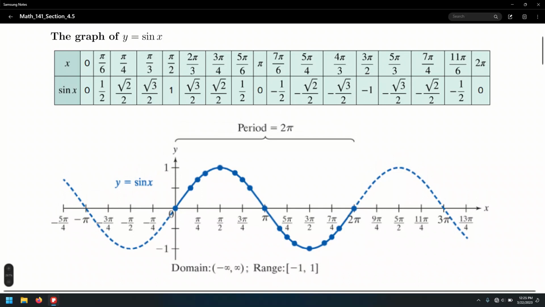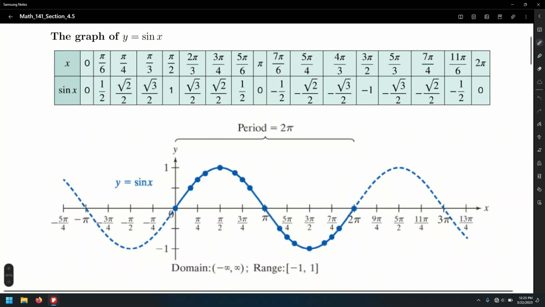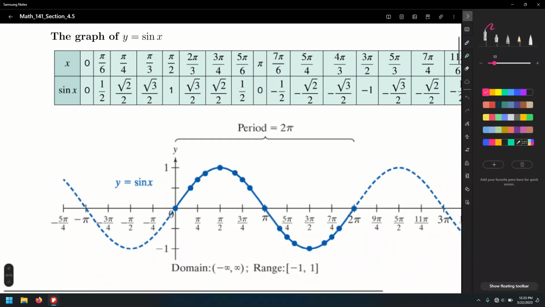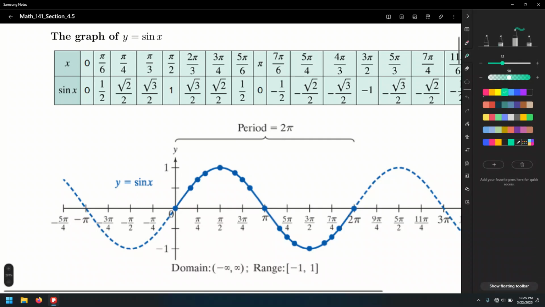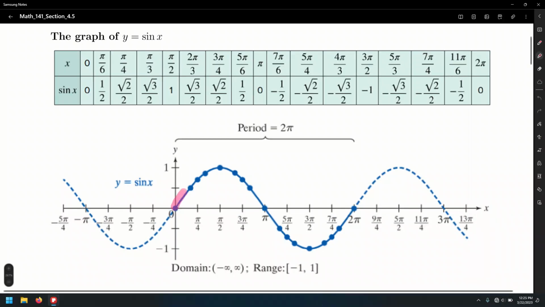And actually, this graph right here is showing us the graph of the sine function over one period. So it's the one that I will highlight here, right? So that's the sine function over one period.